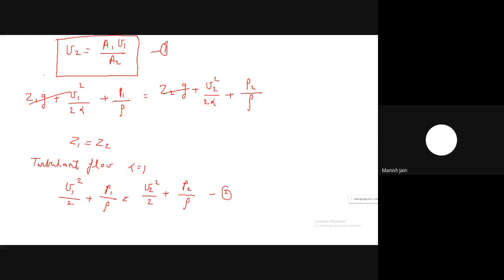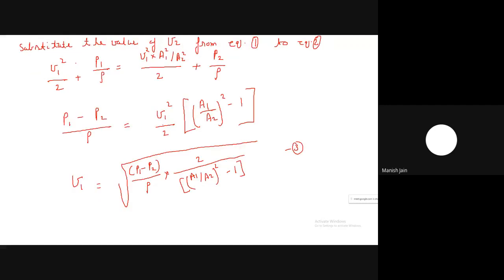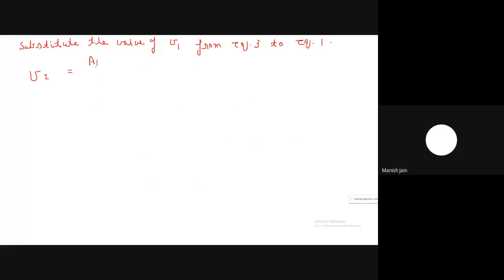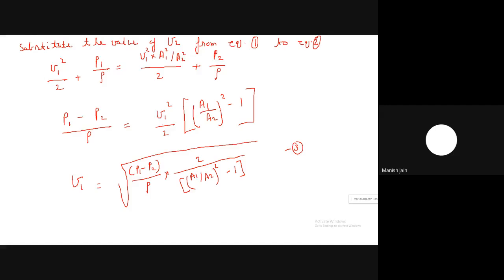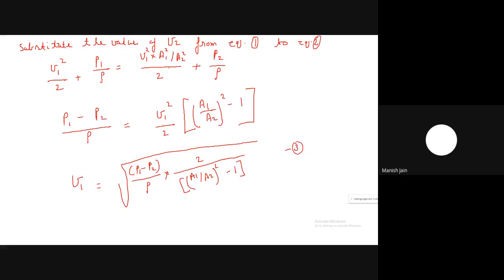V2 equal to A1 by A2 multiplied by under root of P1 minus P2 by rho multiplied by 2 by (A1 by A2) whole square minus 1.